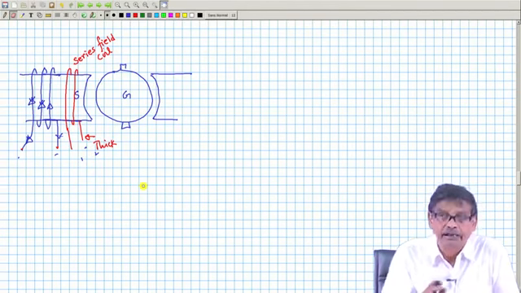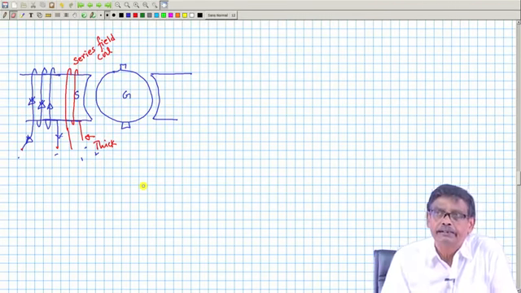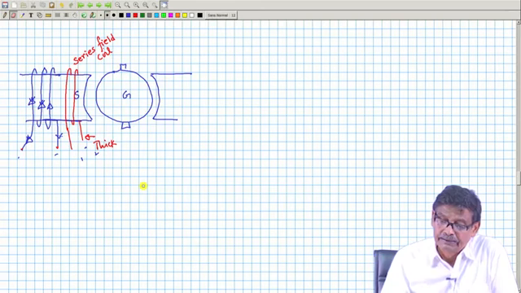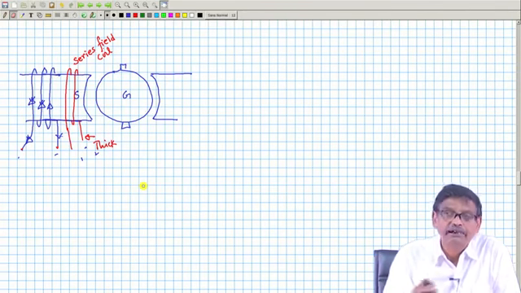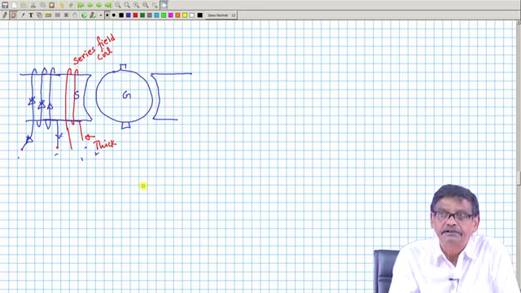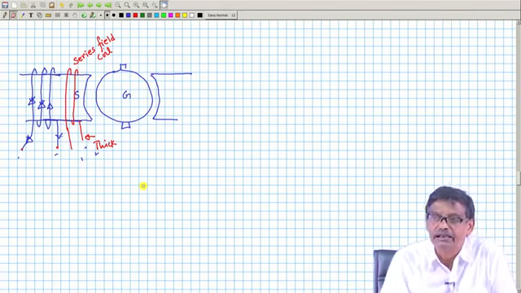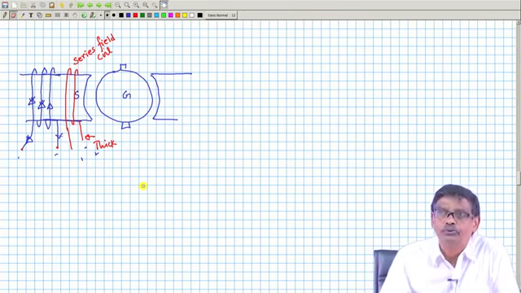Now, when you connect it in this way, when the machine will be loaded, if there is a net reduction in flux per pole, then this series field coil will provide you automatically additional ampere turns per pole, perhaps to keep the flux per pole remaining same.